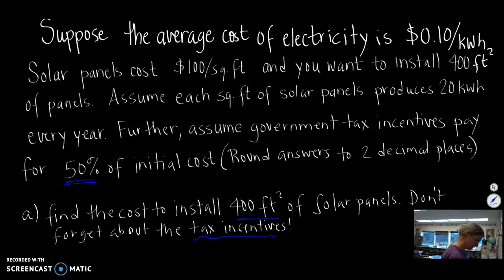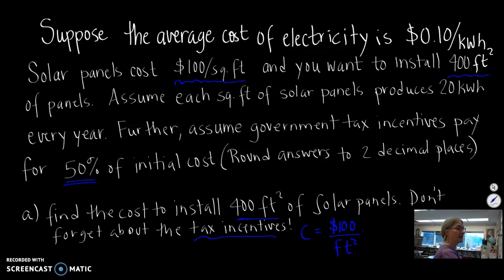Well, the cost of the solar panels, I'm going to call it C. The solar panels cost $100 for every square foot, and we want to install 400 square feet. So we multiply $100 per square foot, and I'm going to keep those units there because you'll see that this is actually going to give us a total cost.